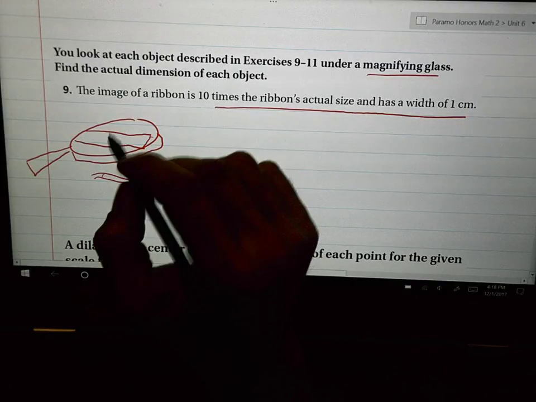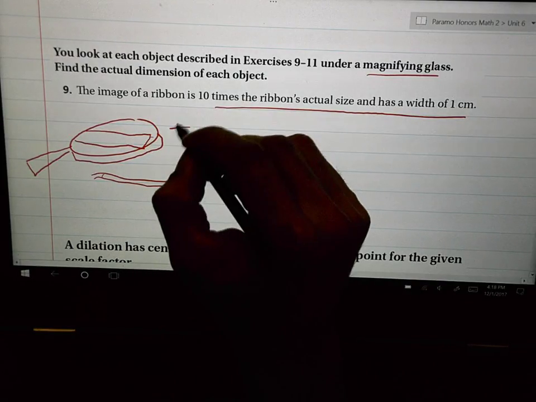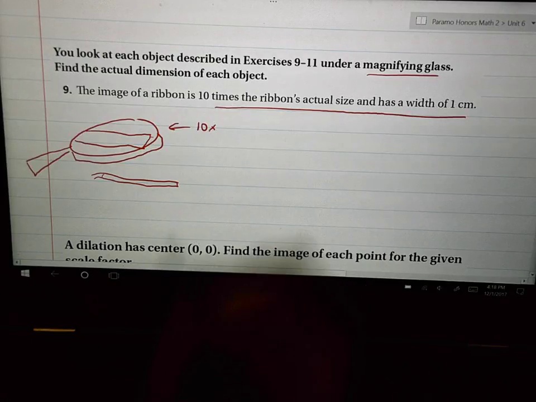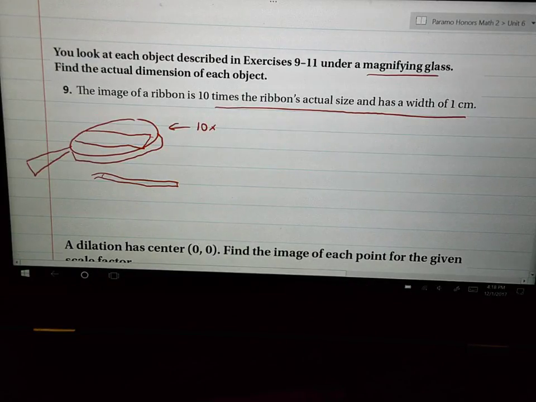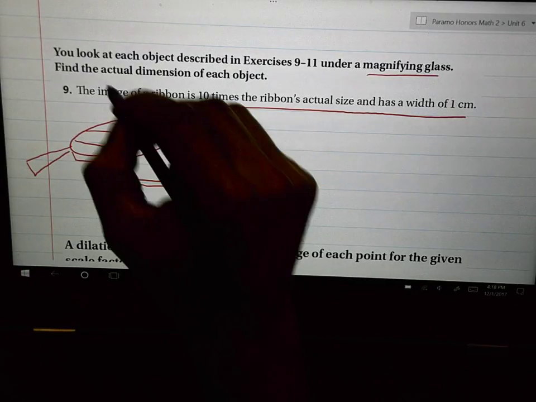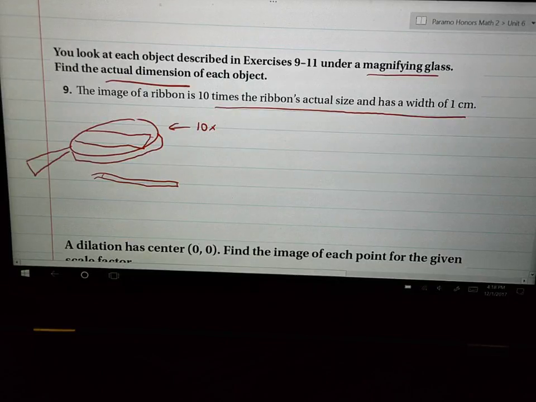So this thing is making everything 10 times bigger. And we need to figure out its actual size. Find the actual dimension of each object. Like how long is this ribbon? So I kind of do it like this.